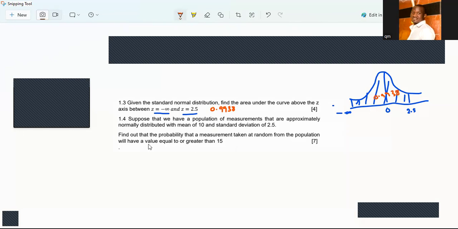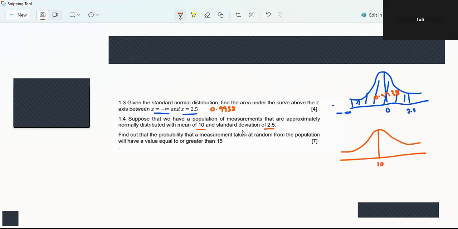Right, so suppose we have a population which is approximately normally distributed with mean 10 and standard deviation 2.5. So using ISA, you illustrate. What is our mean? 10. And you're being asked, what is the probability that the measurements taken from the population will have a value greater than 15? So where is 15 based on the 10, on the left or on the right of 10?